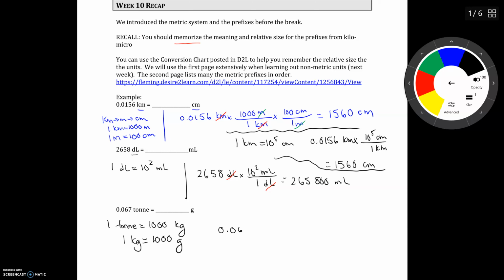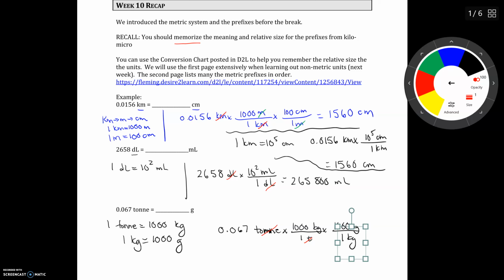So my conversion from tons to grams, in this case, would be multiplying by 1,000 and then multiplying by 1,000 again. It just happens in our examples that we're always going from larger units to smaller units, and that doesn't have to be the case.